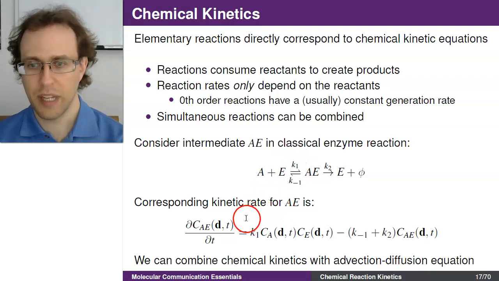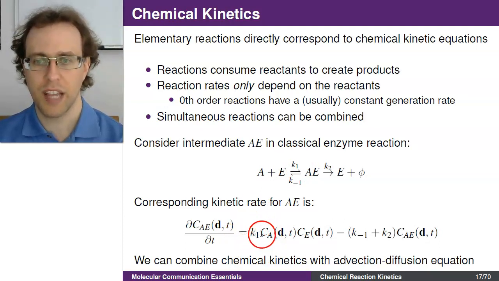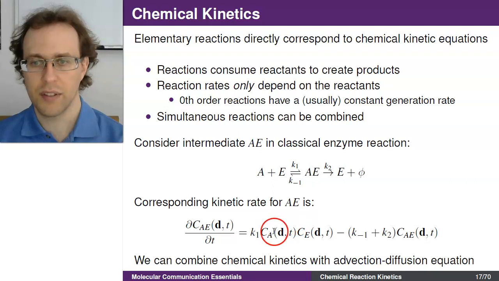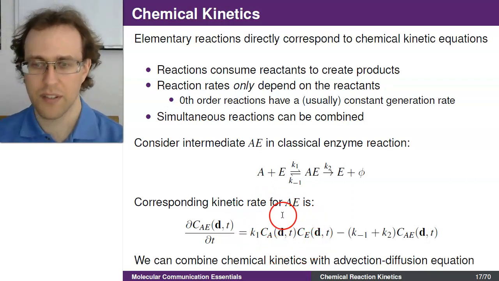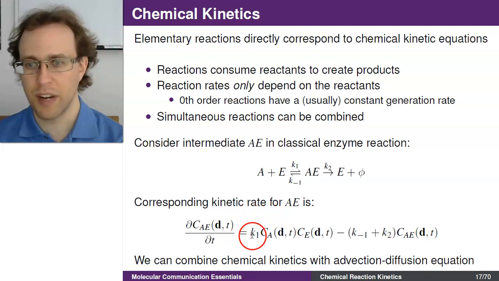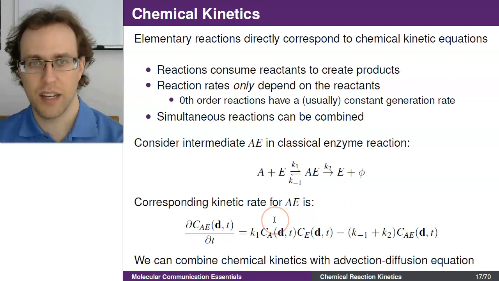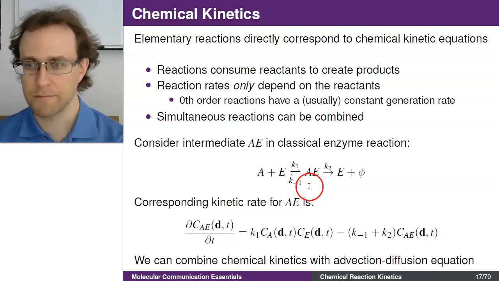The first term here in the kinetic rate is positive because this reaction driven by rate K1 includes the binding of the A molecules and the E molecules. All we have to do is take the product of their two local concentrations. When we multiply by the rate K1, that gives us the local reaction rate with time associated with this reaction.